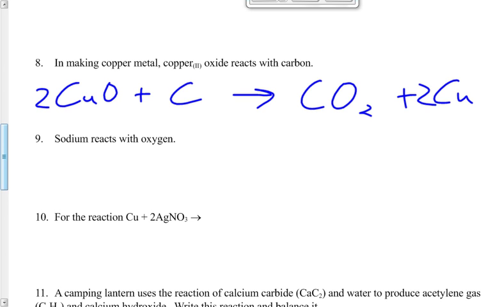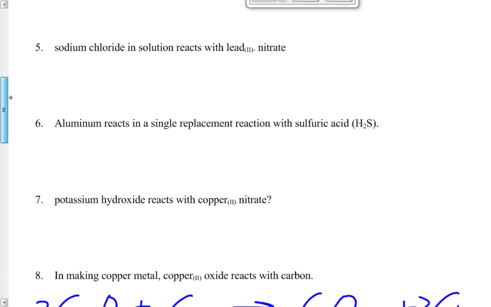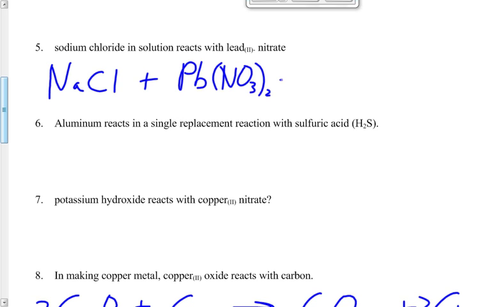All right. James? 5. Sodium chloride is in a solution with lead 2 nitrate. So NaCl, swapped and dropped correctly. Lead 2 nitrate is Pb(NO3)2. You used this stuff in the lab the other day. You reacted it with potassium iodide and got the yellow precipitate.